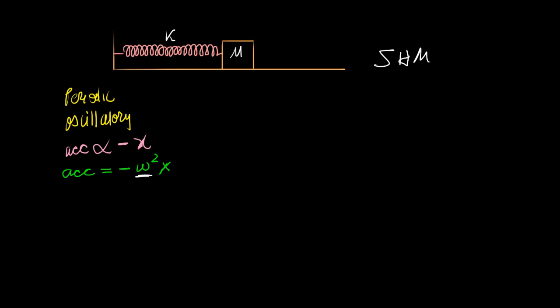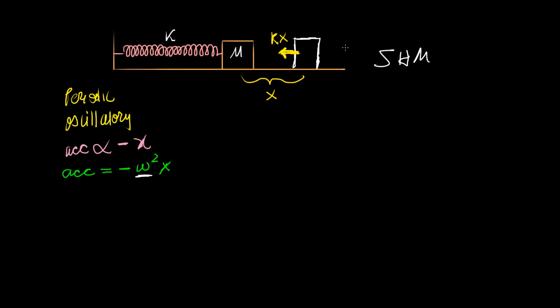In this case, let's say I pull this block here, so it becomes like this. If I draw the free body diagram, then I will have a force which acts like so, of magnitude kx, where k is the spring constant, and this distance is x.